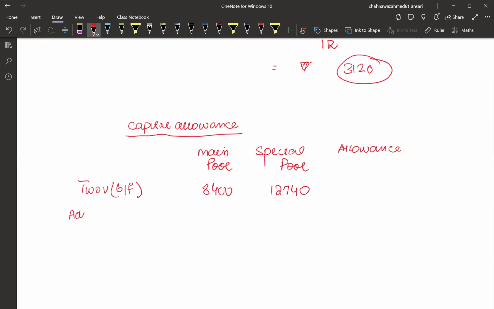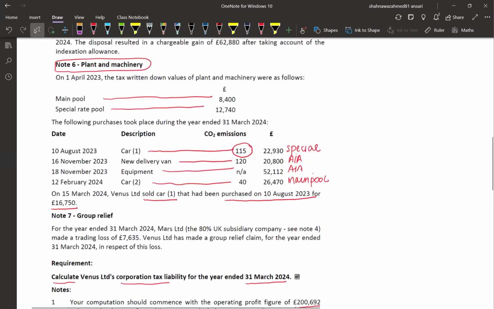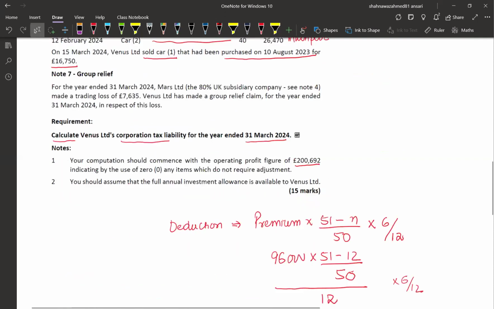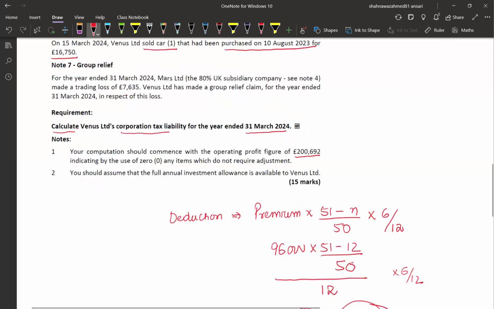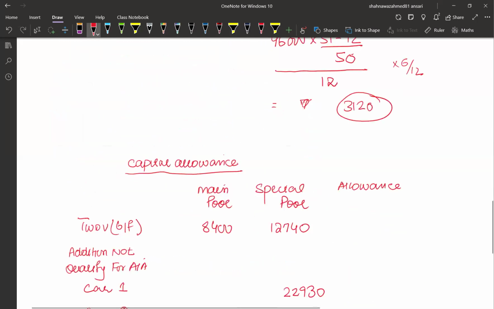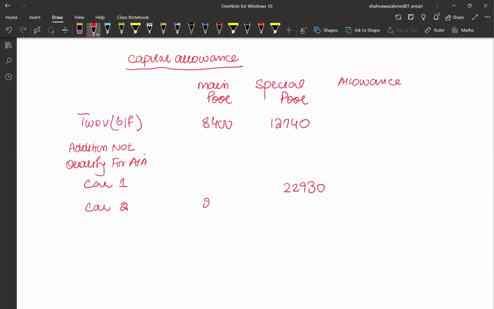Now we have additions which do not qualify for AIA: car 1 having value 22,930, and car 2 having value 26,470.